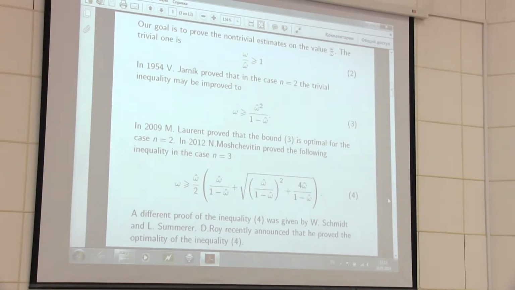Another proof of this inequality was obtained by Schmidt and Summerer, I think one year ago. We see that as the dimension grows, the inequalities are more and more complicated. And in our case, it will also be true.